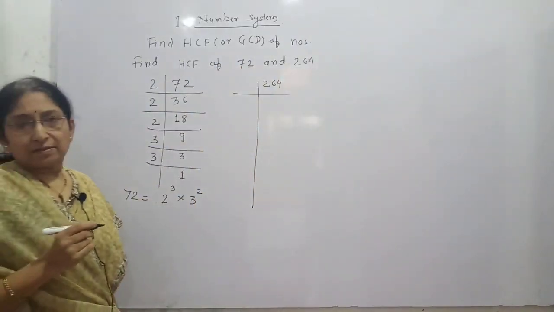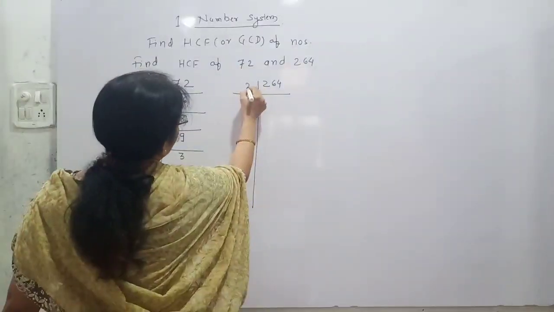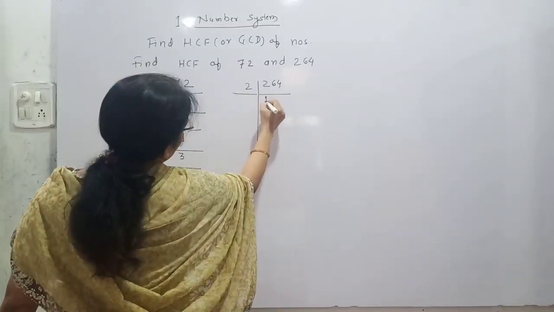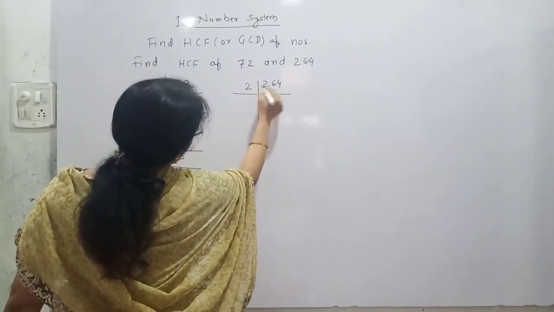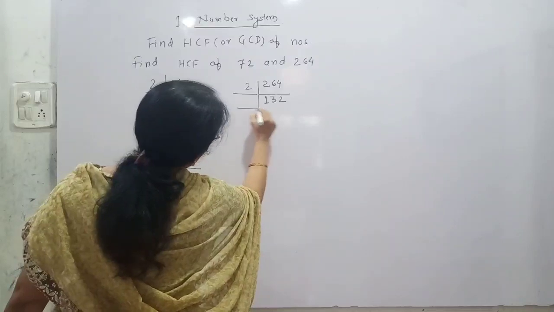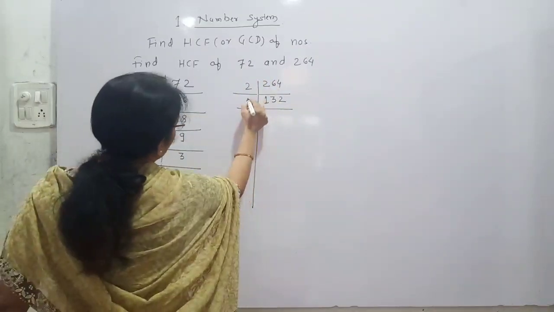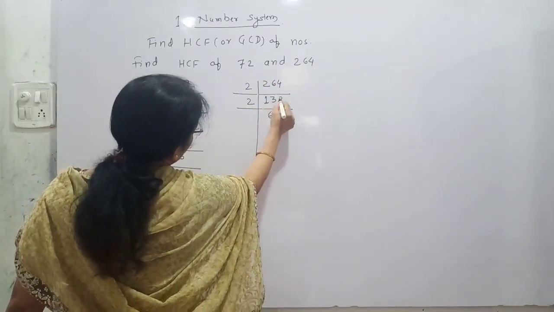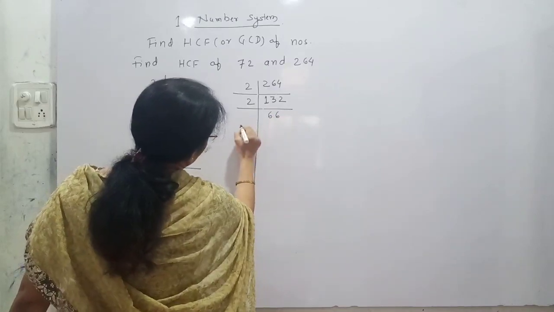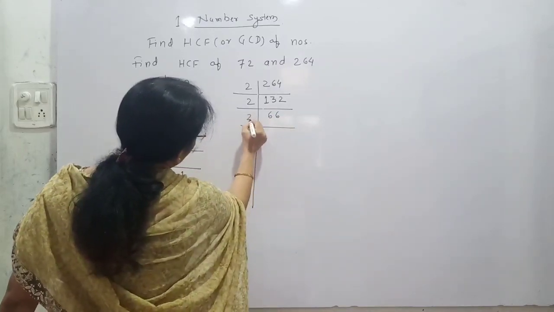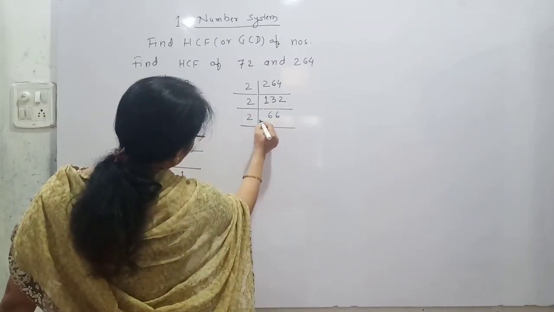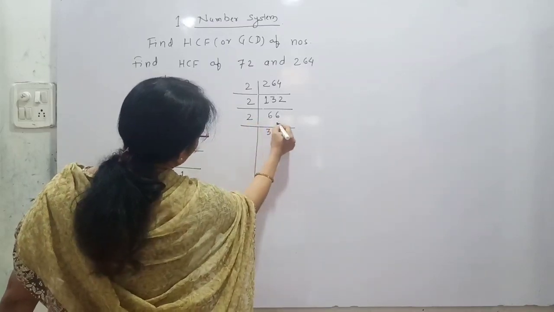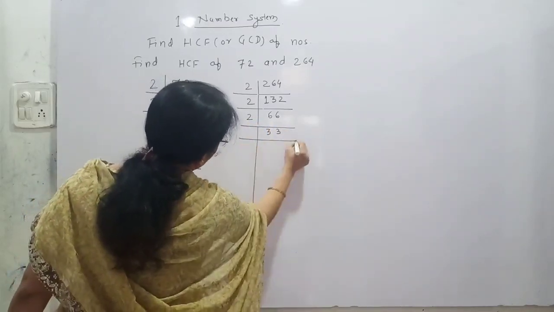First factor is 2. 2 1s are 2, 2 3s are 6, 2 2s are 4, 2 6s are 12, 2 6s are 12. Again 2 3s are 6.